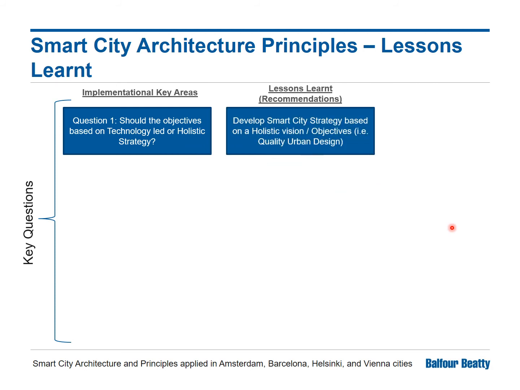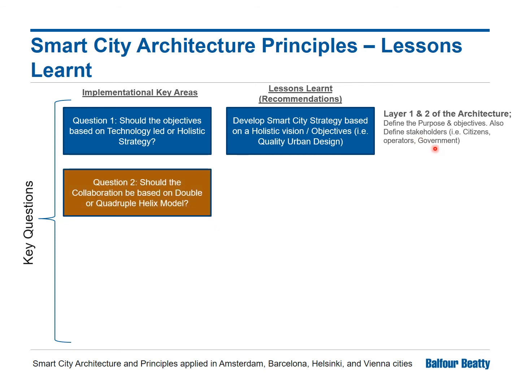The recommendation is to develop a smart city strategy based on holistic vision and objectives, rather than on the technology. This question is related to architectural layers 1 and 2. That's where you define your purpose, objectives, and stakeholders.